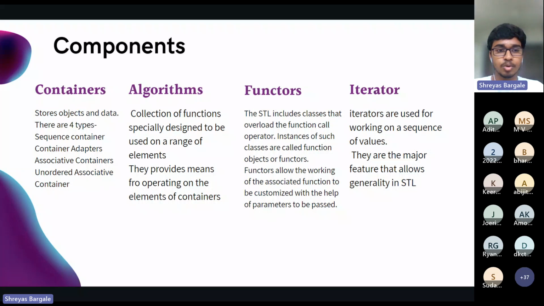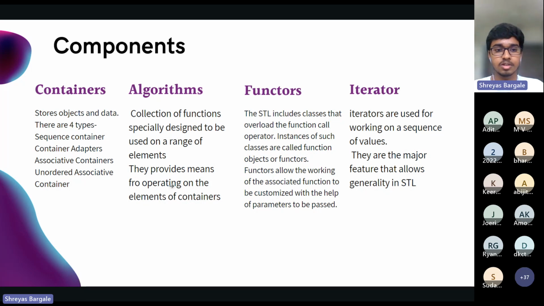So we'll cover the components of STL. Basically, it contains containers, algorithms, functors, and iterators. Containers are basically data storage. It has objects and data. There are four types of containers: sequence containers, container adapters, associative containers, and unordered associative containers. Then there are algorithms, as I mentioned before.